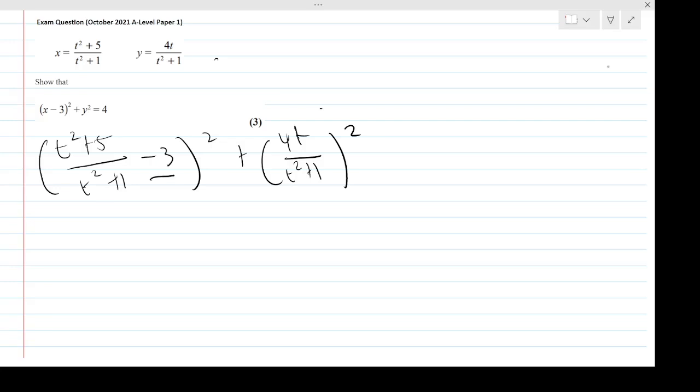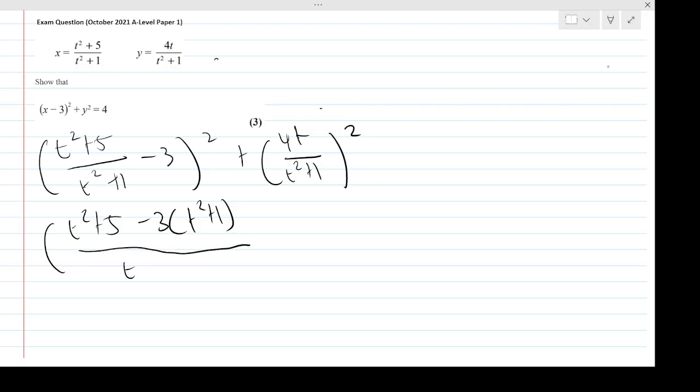So if we're subtracting like this, again, we need a common denominator. So if we deal with the part in the x bracket, so the t squared plus 5. Well, if I subtract 3, I want to get the denominator of t squared plus 1. So I'm going to times minus 3 by t squared plus 1 over the denominator, which allows me to put everything over t squared plus 1.